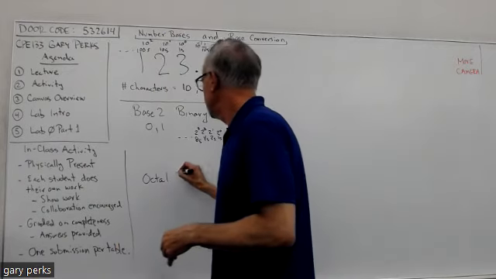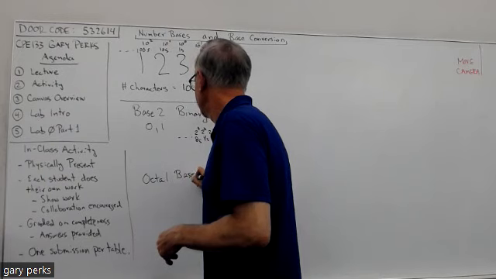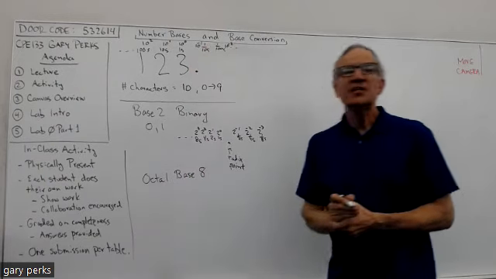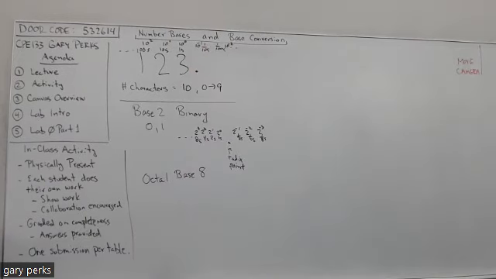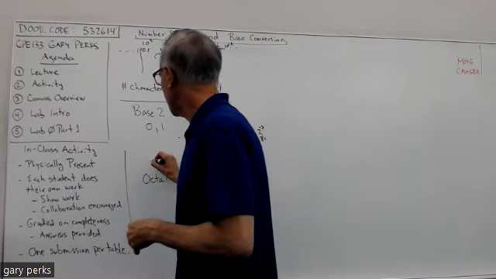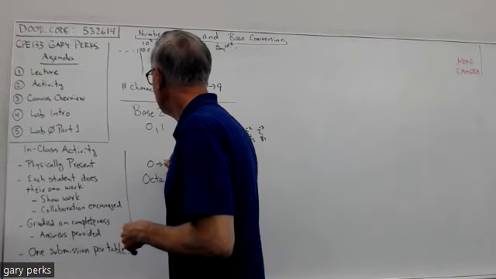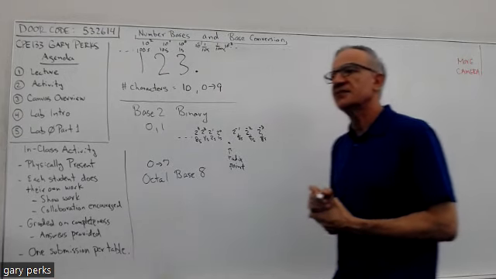Base 8. So how many characters in base 8? 8. And what would the range of those 8 be? 0 through 7, yeah, because again, 0 counts as a character. Often people forget that. They forget that it includes 0.